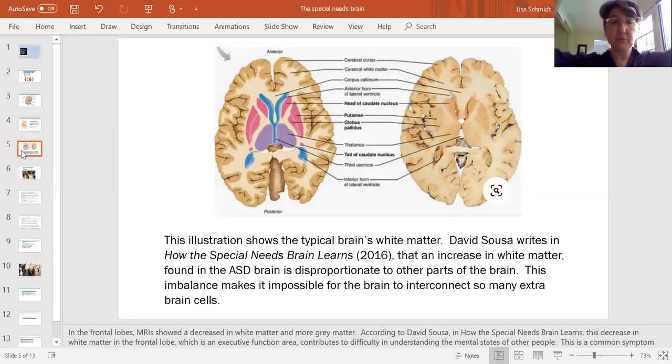So if the prefrontal cortex is enlarged with this white matter, which is sort of making a lot of noise, and the amygdala and the corpus striatum is decreased, you could see how those symptoms that are common with ASD students are going to show up, which is going to be in the difficulty in reading a person's emotions, tapping into compassion.